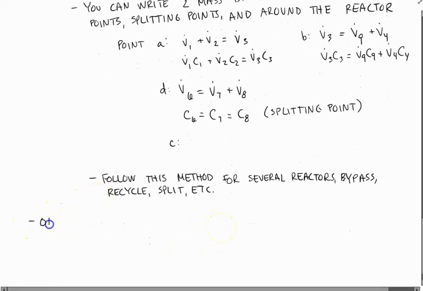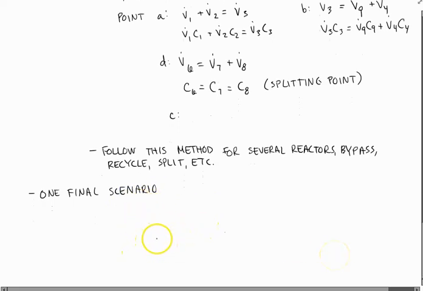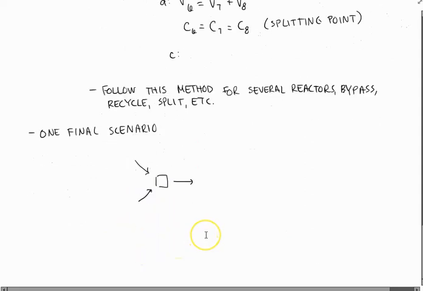So I have one more scenario, and really this is just to help you appreciate the full complexity of these types of problems. So here I've got a splitting point, I've got a carrier fluid, which I'm going to give the flow rate for, and it's got three constituents, A, B, and C, plus the carrier fluid.